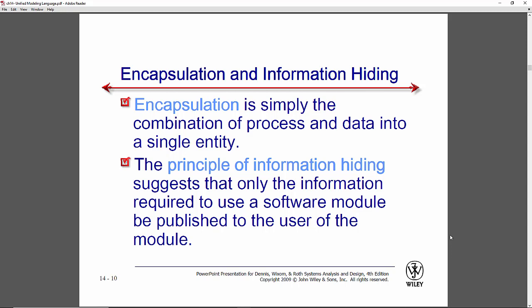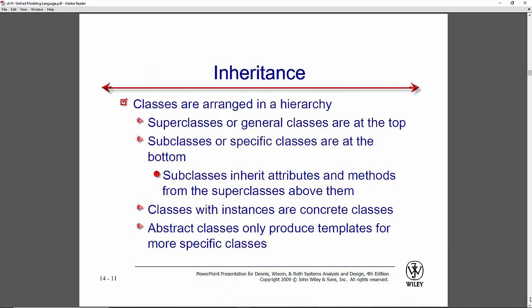You can send a message to a particular object to get it to perform some sort of behavior, but the behavior is hidden. That is, the specific method is hidden from the object sending the message to it. Again, it's kind of an esoteric idea, but think of the objects and classes as black boxes.